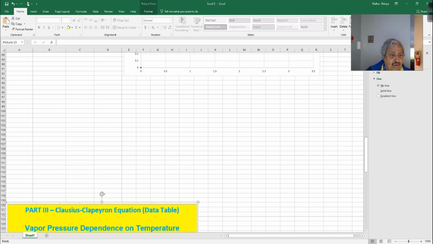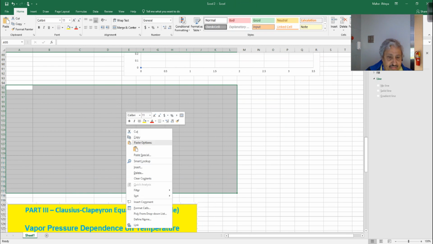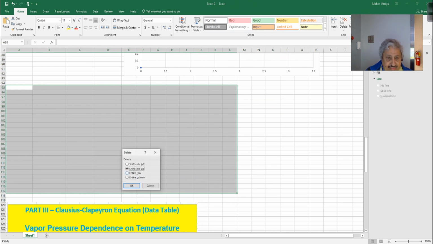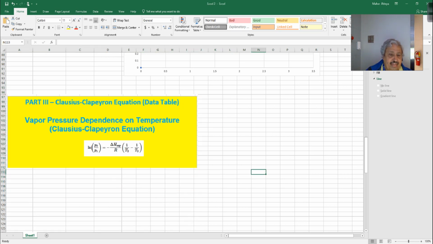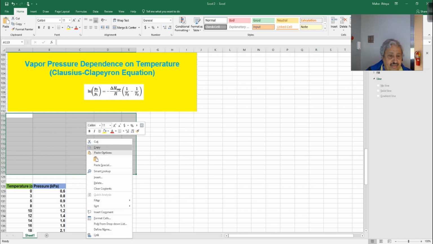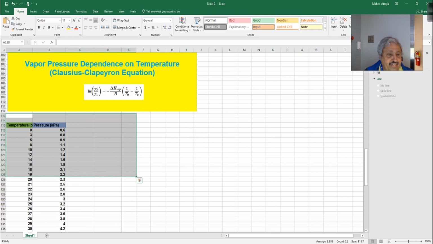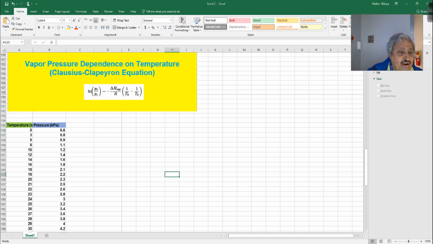And all these rows I can just delete them. Delete entire rows. We have it here. Okay guys, now I want to look at the relationship.